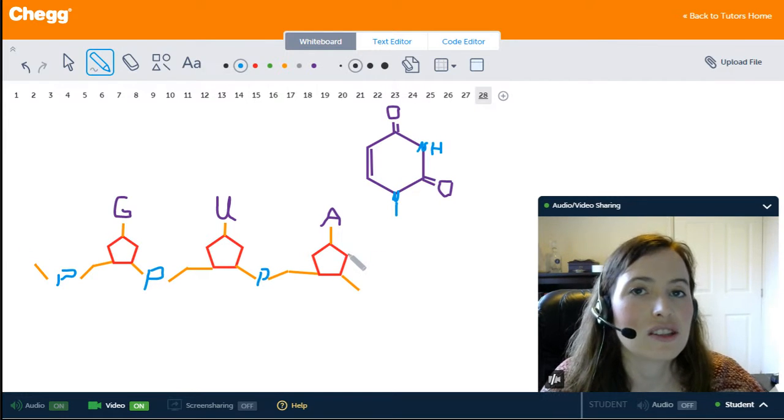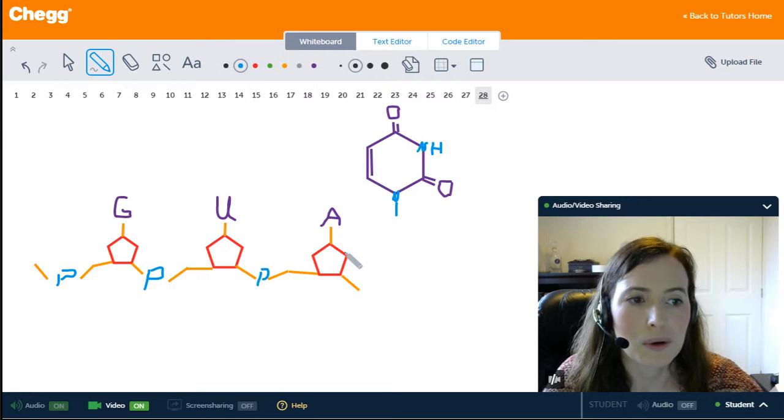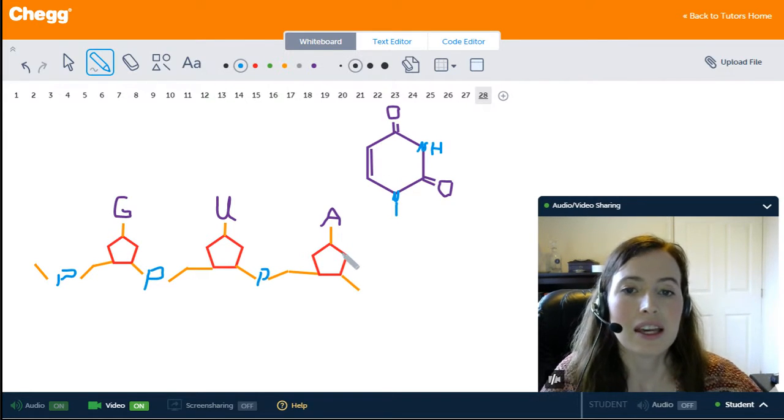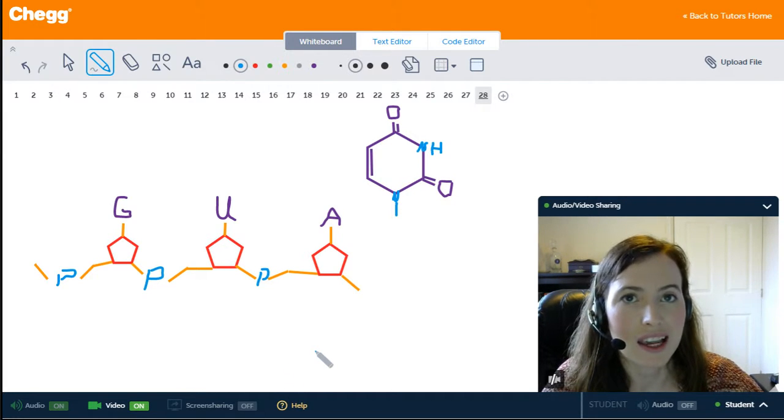And RNA is used, do this real quick. So RNA is transcribed from DNA, and then it's translated into proteins.